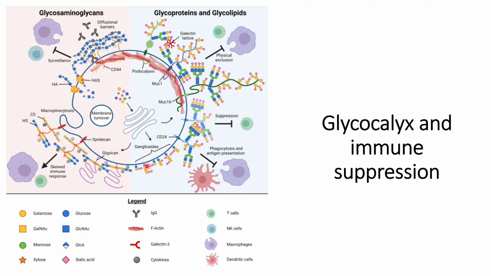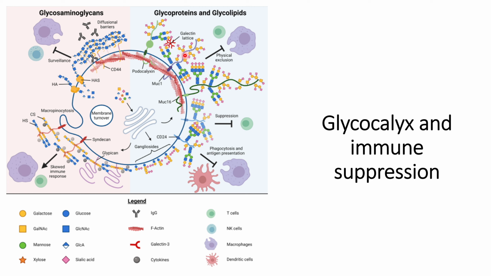These things are mentioned here, that it will form a thick glycocalyx layer, which is made up of different carbohydrate structures, and most of these carbohydrate structures have a signature similar to the host glycans. Thereby the immune cells will not be able to distinguish these glycan structures from those of healthy cells, and thereby this acts as a physical exclusion or helps in this immune evasion.